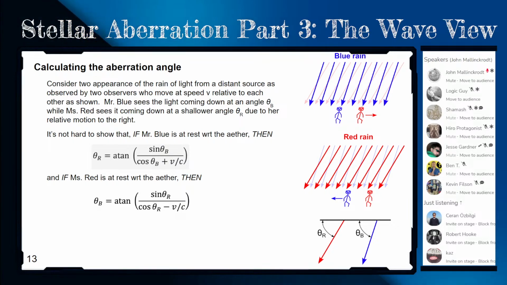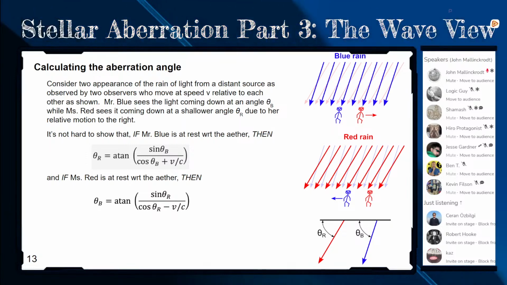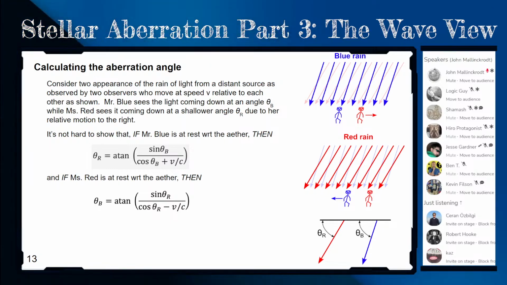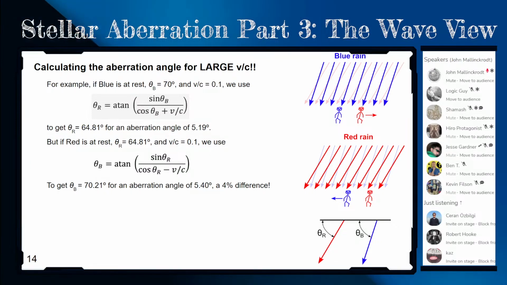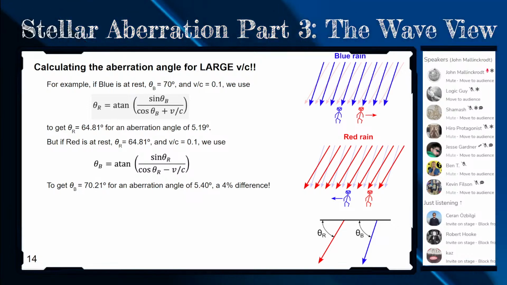But to make things a little simpler, I wanted to say, let's suppose, for the sake of argument, that B is the ether frame, and then let's suppose that R is the ether frame. I wanted to do the two equations so that I could quickly take the 70-degree angle for blue, find the corresponding angle for red if blue was at rest, and then take that same angle for red and say, what if red was actually at rest and that was the angle that red saw?